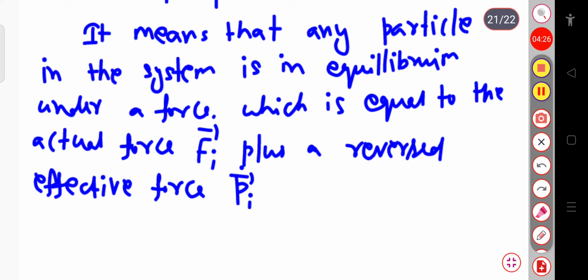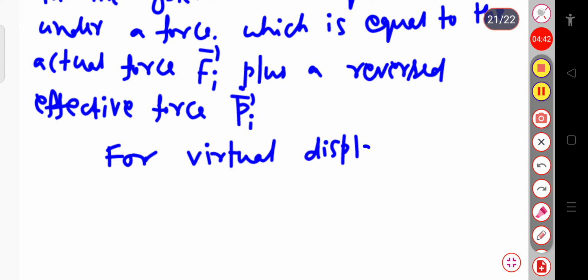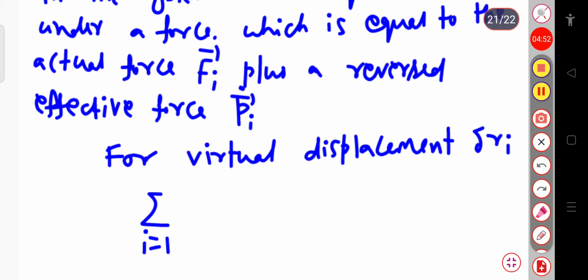So for a virtual displacement delta Ri, we can write the sum over i equal to 1 to n of Fi minus pi dot, dot delta Ri, equal to 0.